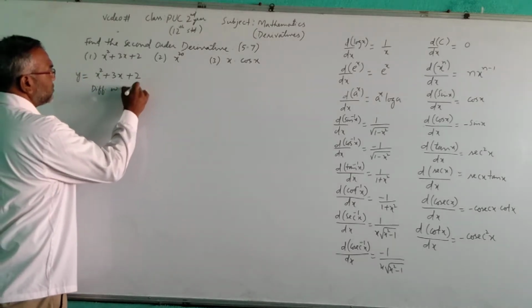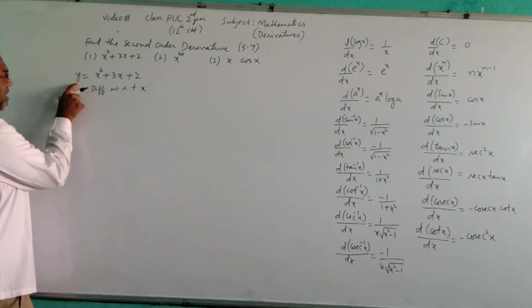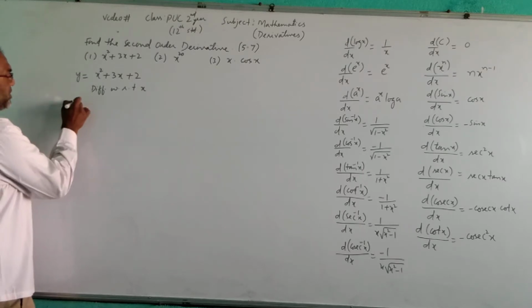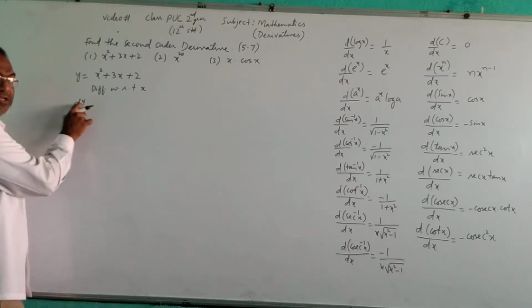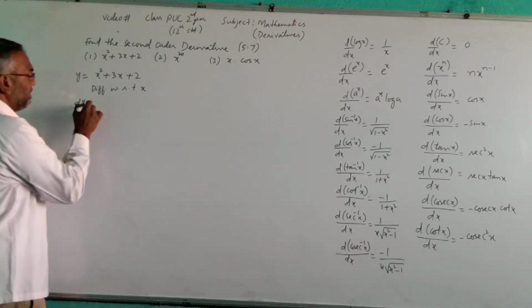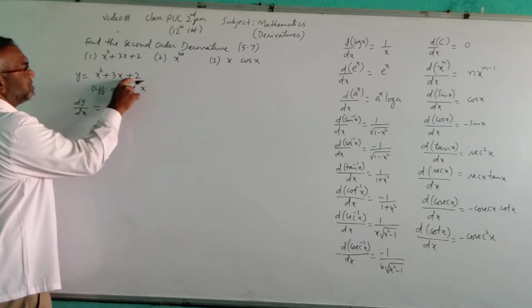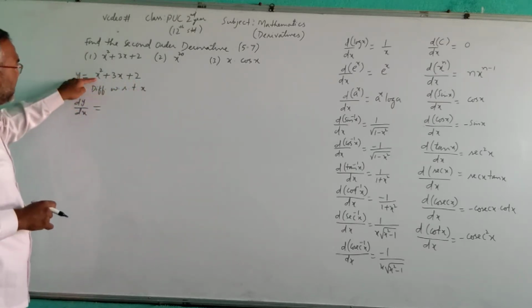Differentiate with respect to x. When we differentiate, y becomes dy by dx. That means differentiation of y with respect to x will be, we have three terms here separated by plus sign, so we can differentiate them separately.